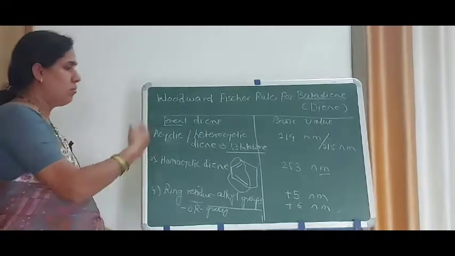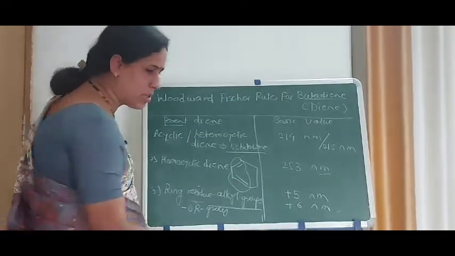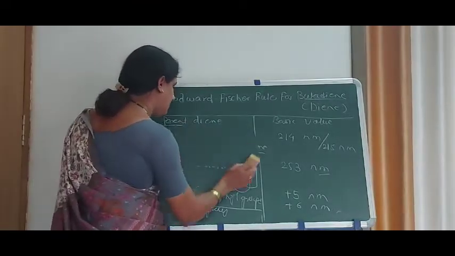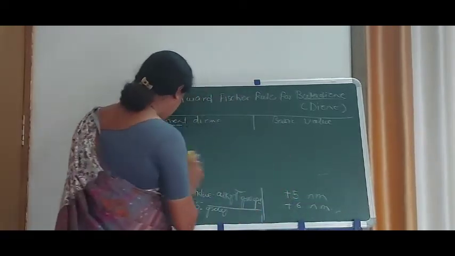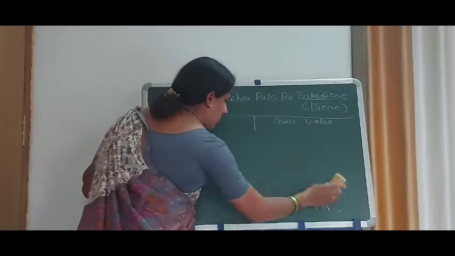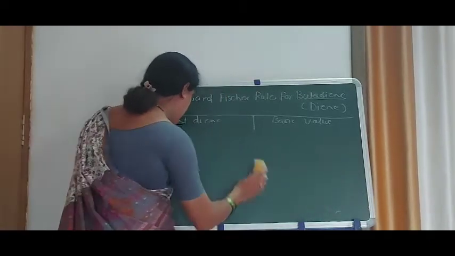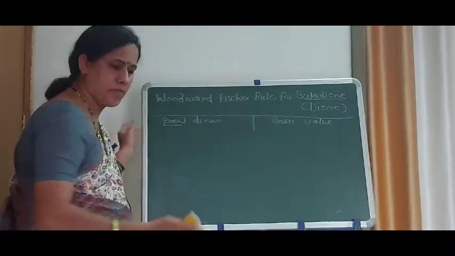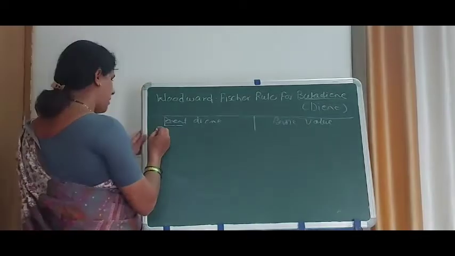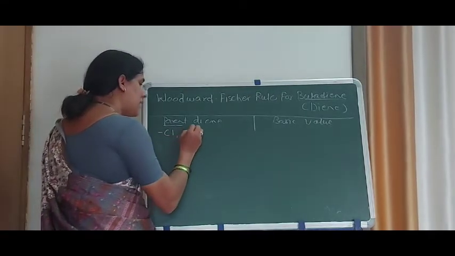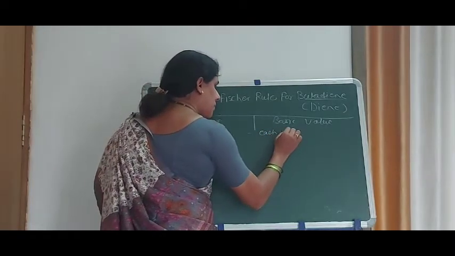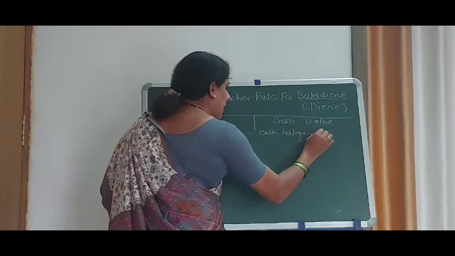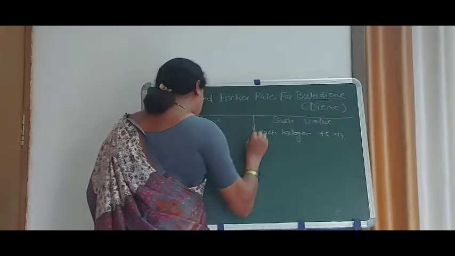Okay. Now the other rules are as follows. If it contains halogens, for each halogen add plus 5 nanometer.